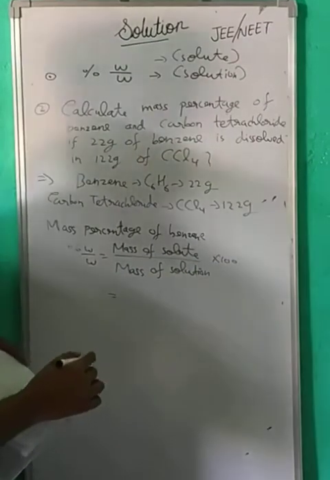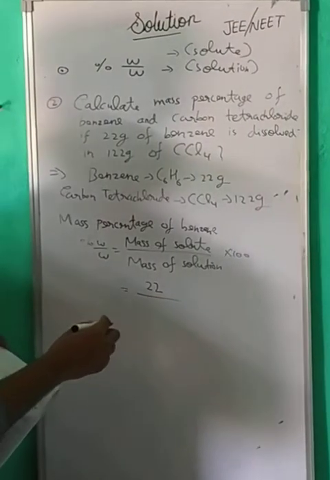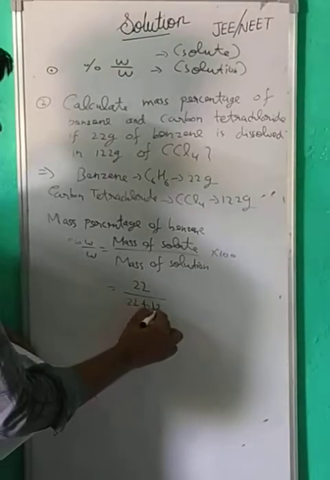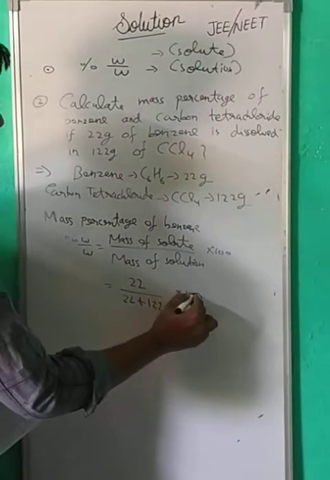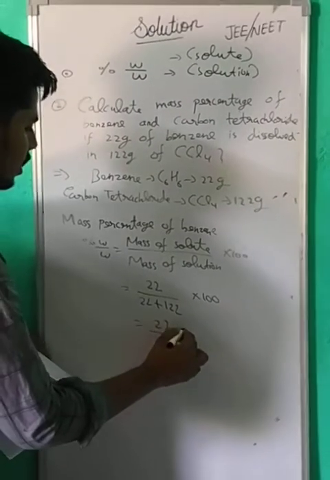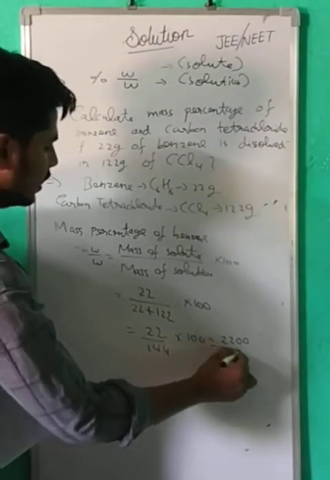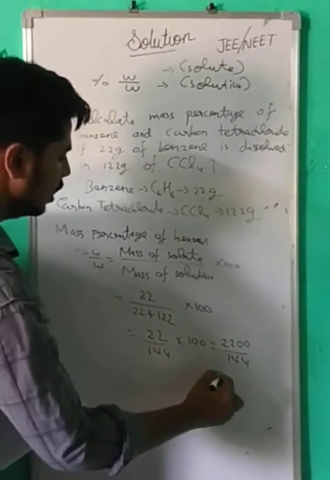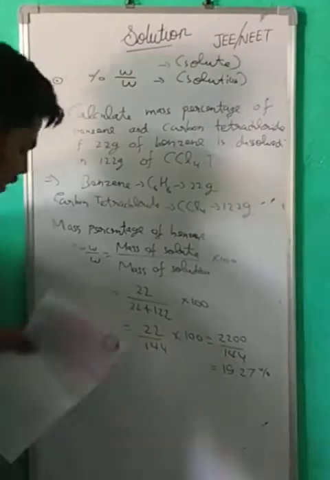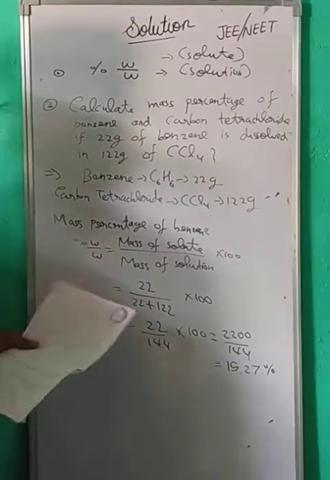What is the mass of benzene we have? 22 gram. And the total amount of solution, solute plus solvent, equals 22 plus 122, into 100. So your answer will be 22 divided by 144 into 100. So 2200 divided by 144 will be approximately equal to 15.27%. So this is your percentage weight by weight of benzene.